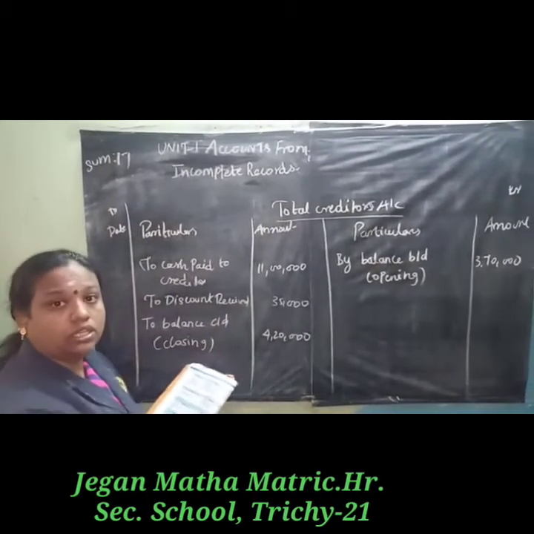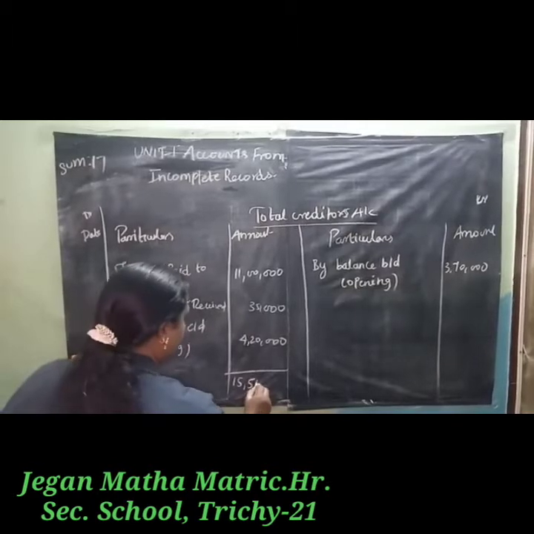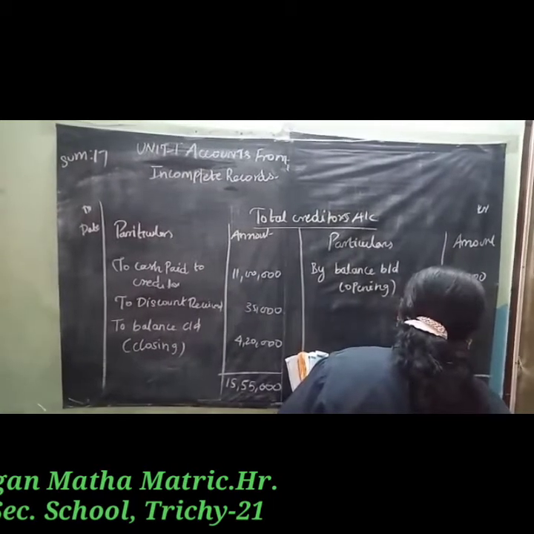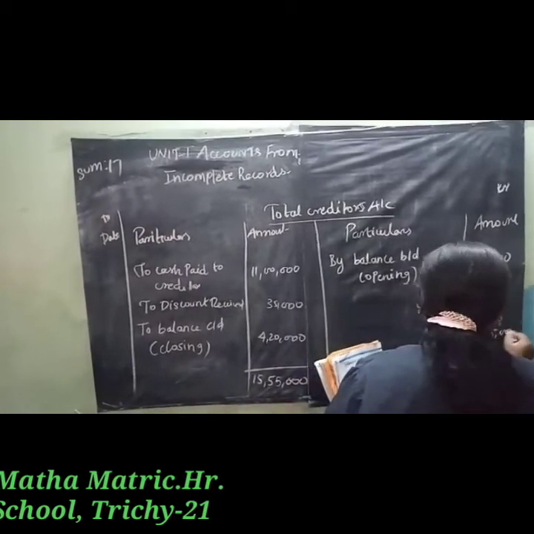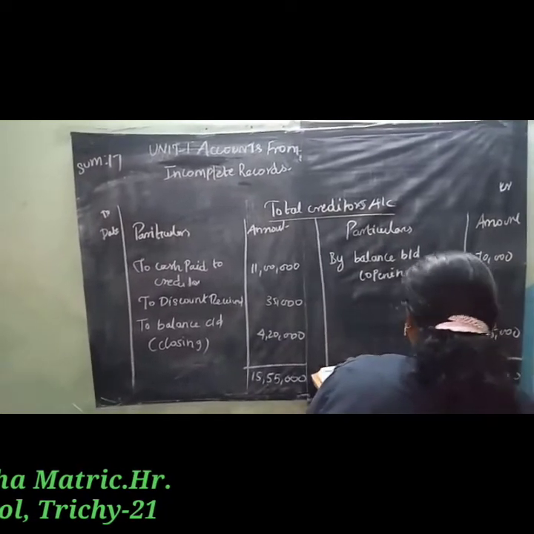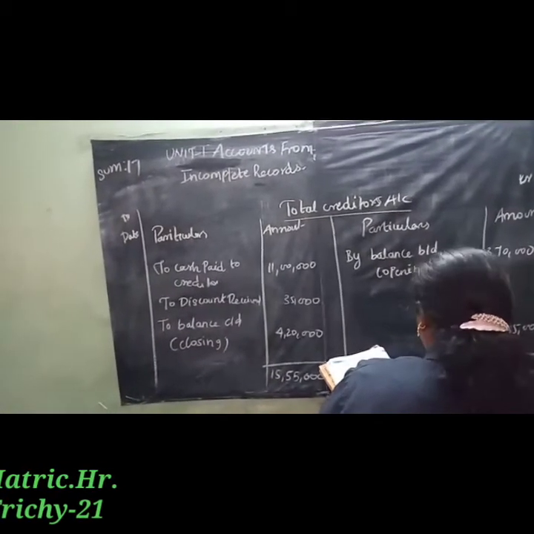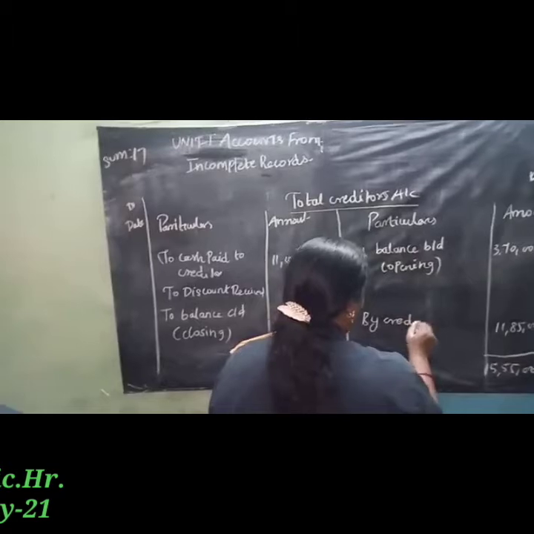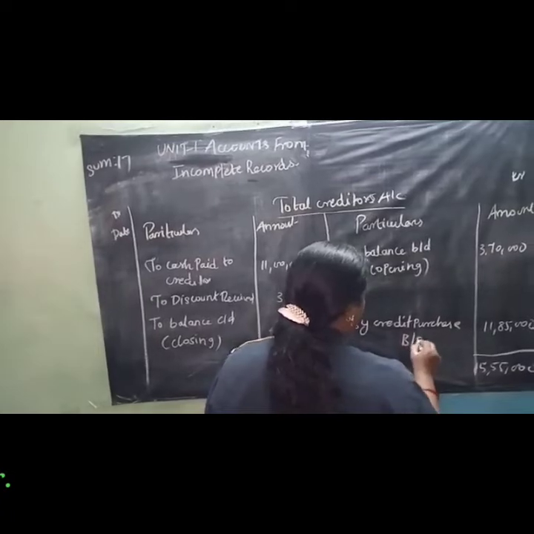So the debit side total is 15,55,000. So the credit purchase is 15,55,000 minus 3,70,000, the answer 11,85,000, by credit purchase, balancing figure.